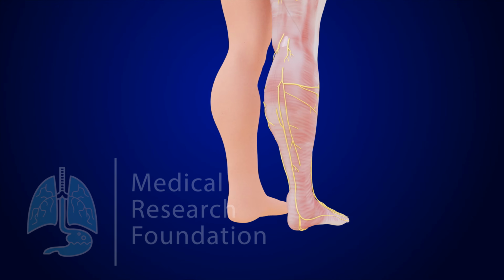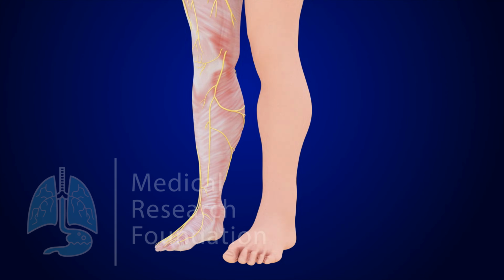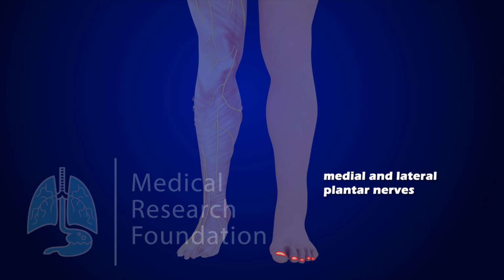The sural nerve is a branch of the tibial nerve and supplies the skin of the lower half of the back of leg and of the whole of the lateral border of the foot, up to the tip of the little toe. The digital branches of the medial and lateral plantar nerves curve upwards and supply the distal parts of the dorsum of the toes.